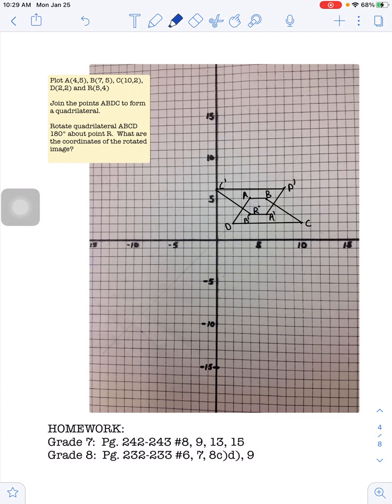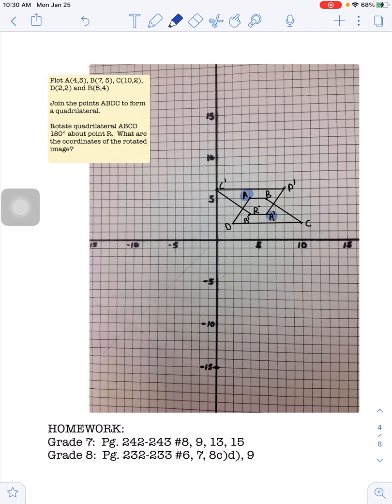The easiest way to do the 180 degree rotation is to count how many spaces across and how many spaces up and down each point is from R, and then do the opposite to rotate it 180 degrees. If I start with A, it is 1 space left and 1 space up from R. So it's going to rotate 1 space right and 1 space down to be A prime.